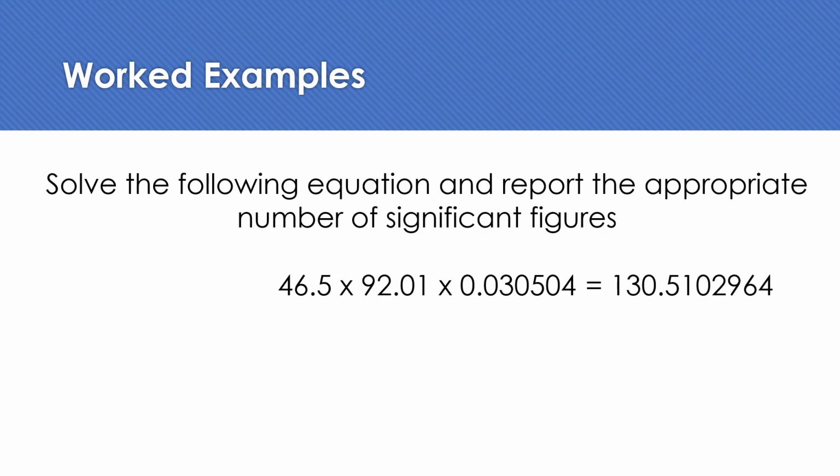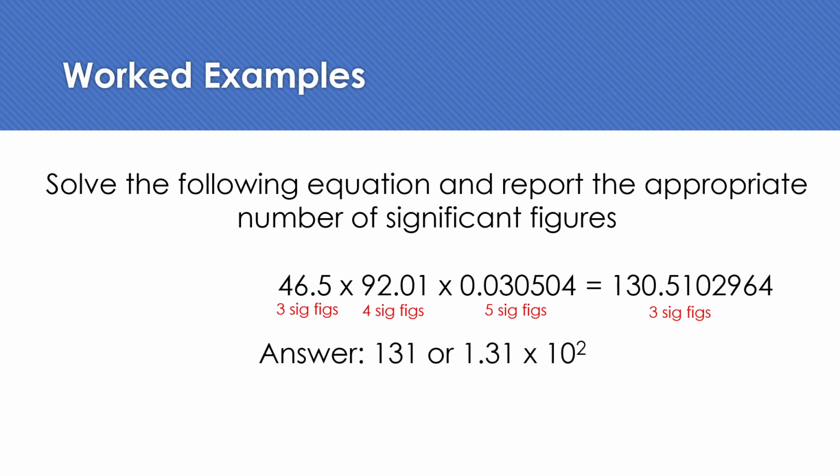Okay? But we look at our initial values, 3 sig figs, 4 sig figs, 5 sig figs, and we say, okay, my final answer can only have 3 sig figs. So I need to round. Now I go 3 sig figs, 1, 3, 0. The fourth digit is 5. Say it's a 5 or higher, so I'm going to round up. So I report that as 131, or 1.31 times 10 to the 2.